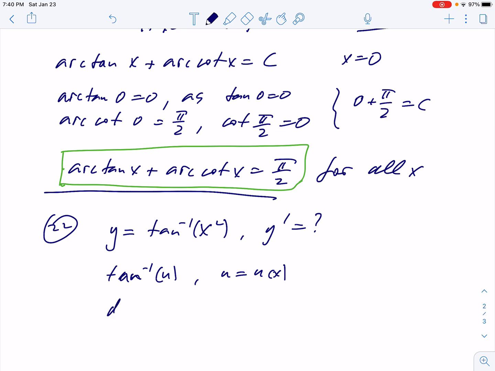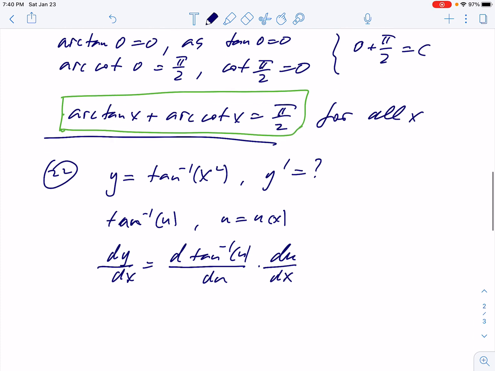So dy/dx will be the derivative of inverse tangent u with respect to u times du/dx. And this will be 1 over 1 plus u squared. That's what happens when we differentiate with variable u, times u prime, du/dx.